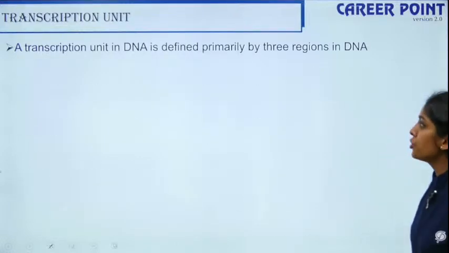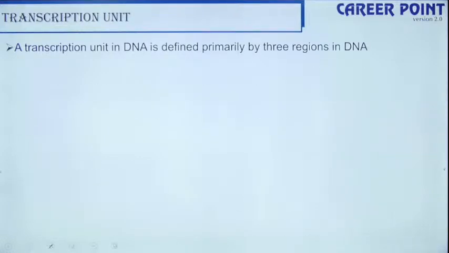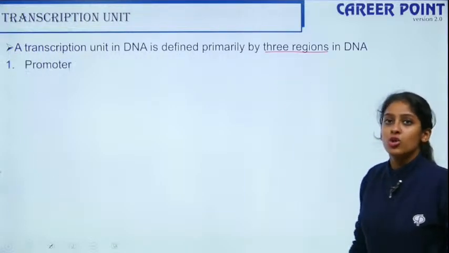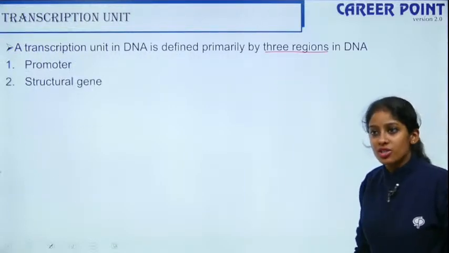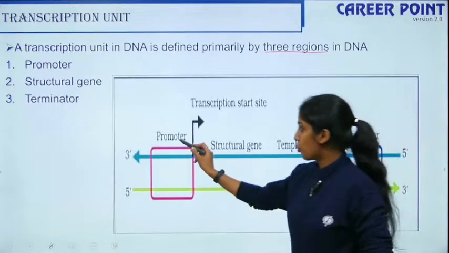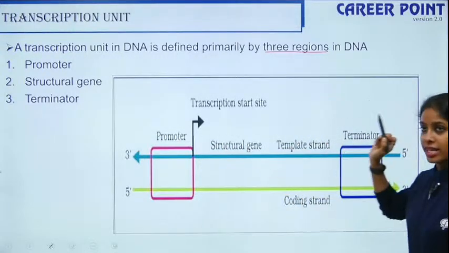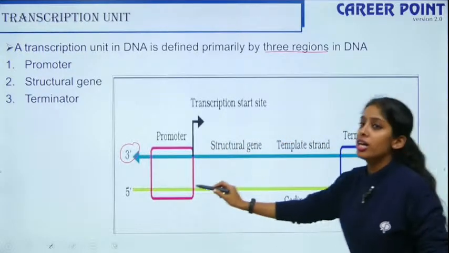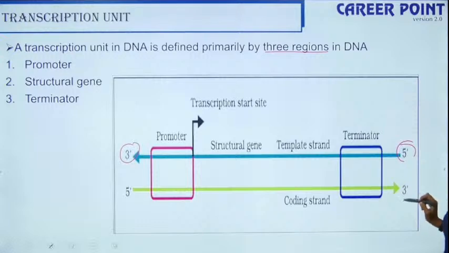A transcription unit in DNA is defined primarily by three regions in the DNA: the promoter, the structural gene, and the terminator. Here they have written your template strand on top and your non-template strand or coding strand below.